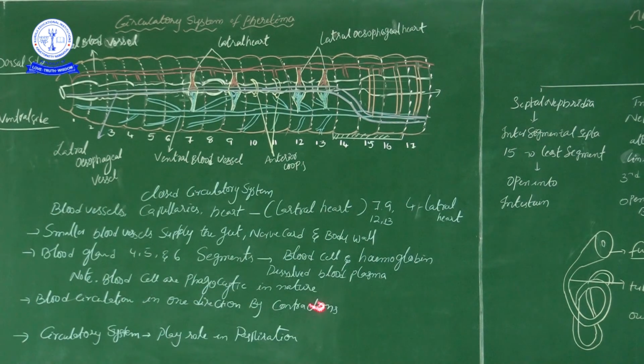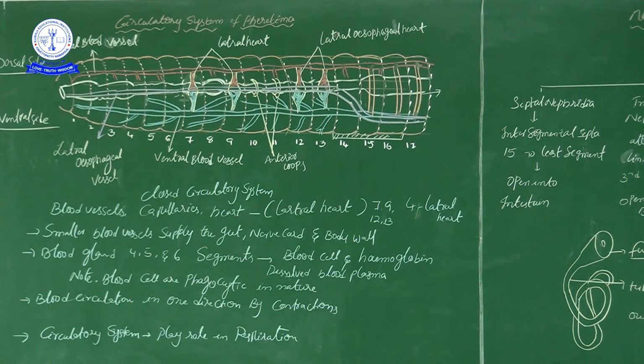That contraction of the body wall simultaneously plays an important role in blood circulation in one direction. Which direction the blood flows depends upon the contraction of the body wall. Because during body contraction the body cells require oxygen.